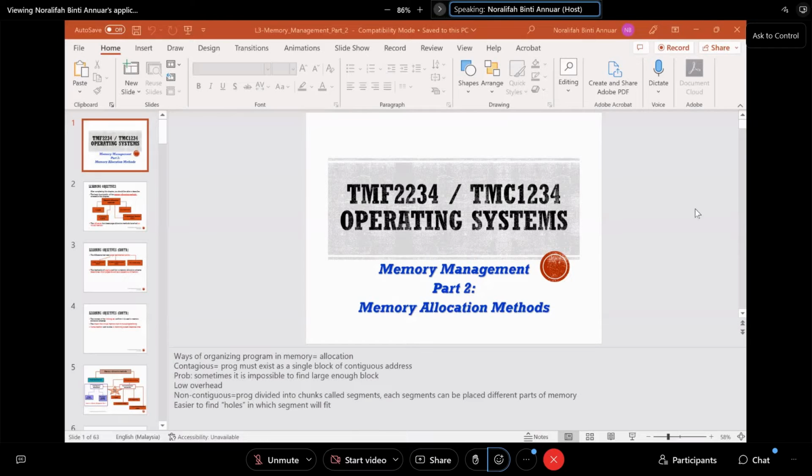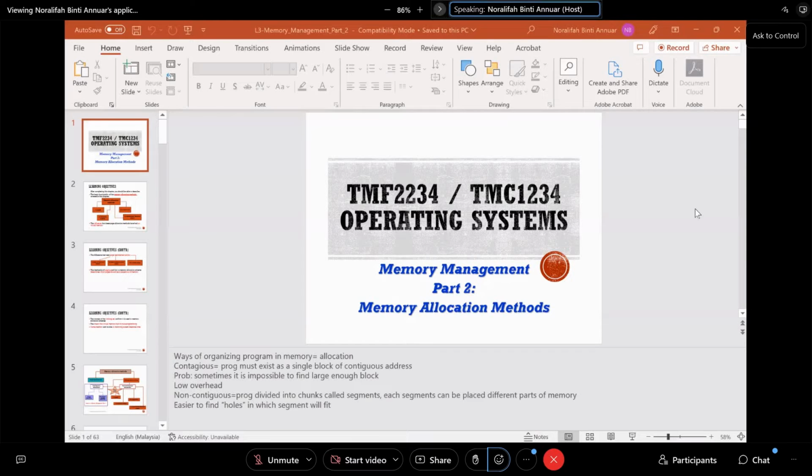Last week you already learned a few types of tables, like the job table. So they will refer to this table in order to find where the vacant space is, so they can load the job into that space, or find which job has been the longest inside the memory, so it can be removed and the new job can be loaded. So it depends on what method or algorithm they are using.